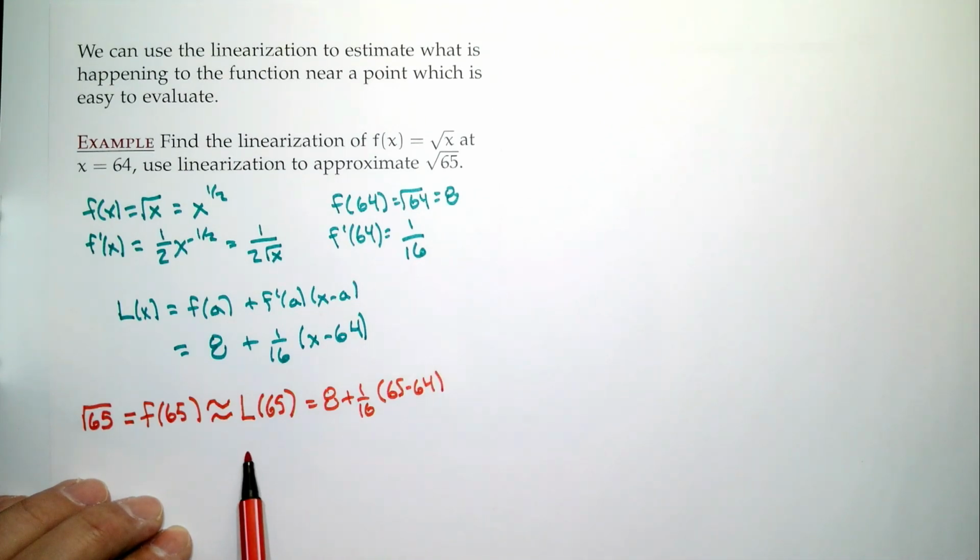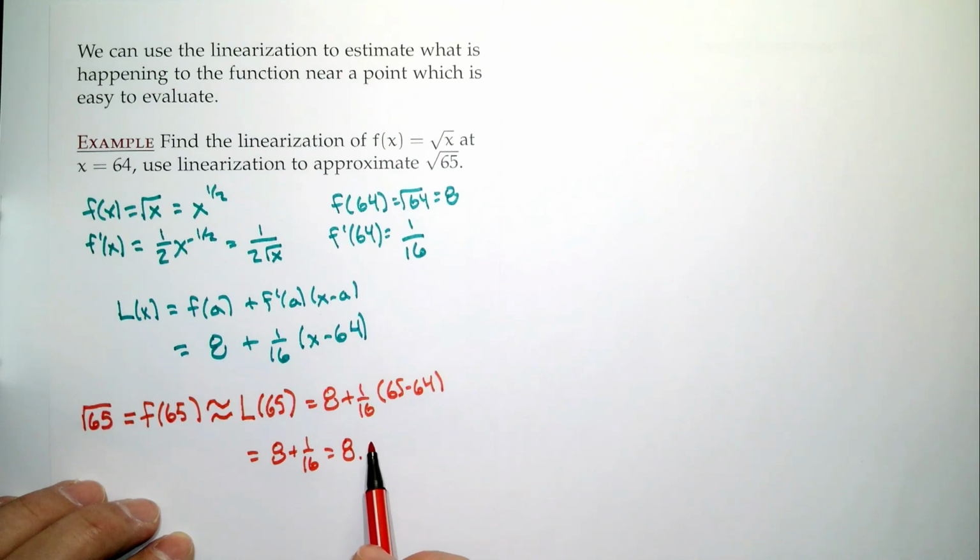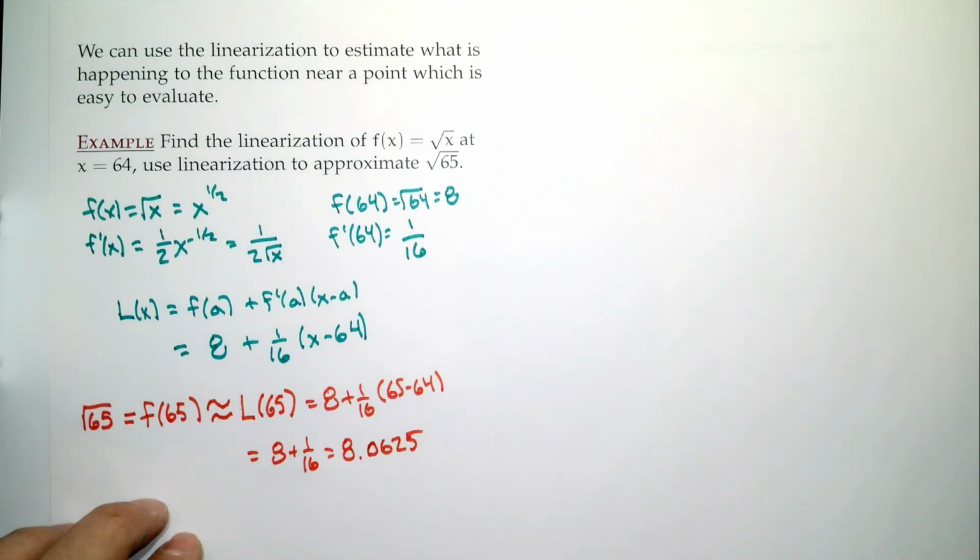And so that's 8 plus 1 over 16. Now, since we're doing an estimate, let's see, 1 over 16. I believe, let me think about this for a second. I believe this is 0.0625. Is that? Yeah? Okay.